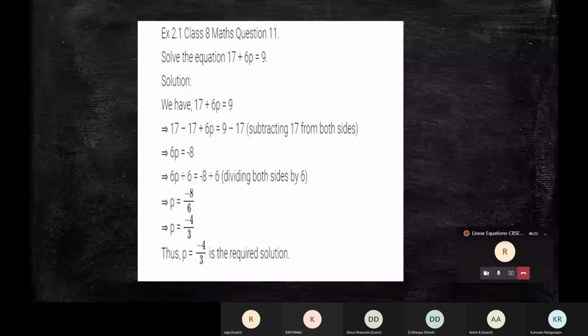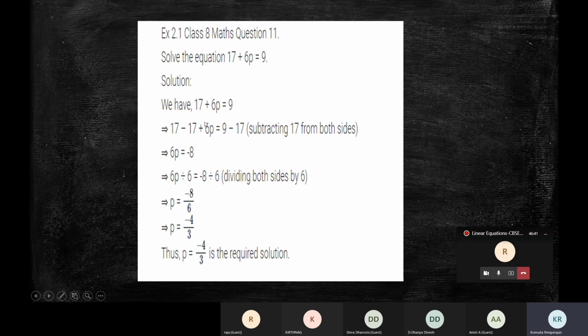So first, always get rid of the one which is in addition or subtraction. Get rid of that first. And then the one which is in multiplication or division.